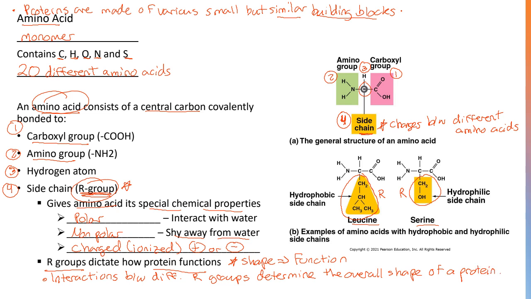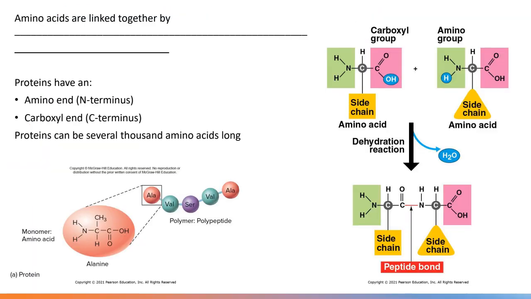So now that we know the amino acid, the monomer part of a protein, let's see how we can get them together to make a larger chain. Amino acids are linked together by something called peptide bonds, which are covalent bonds.